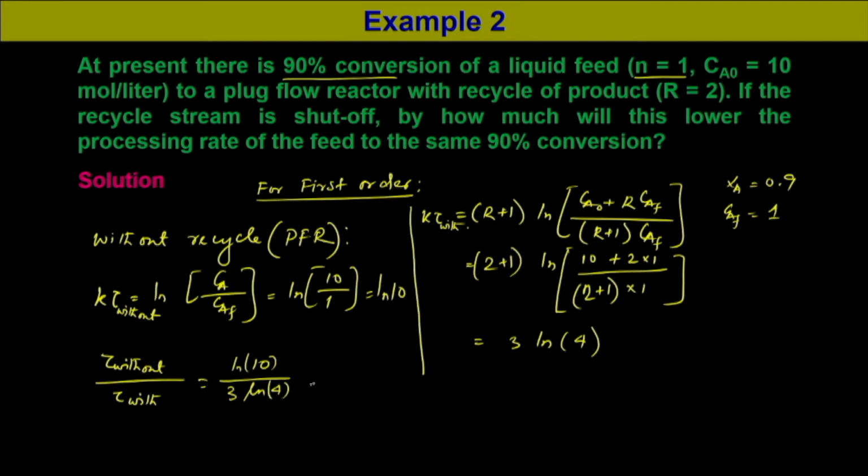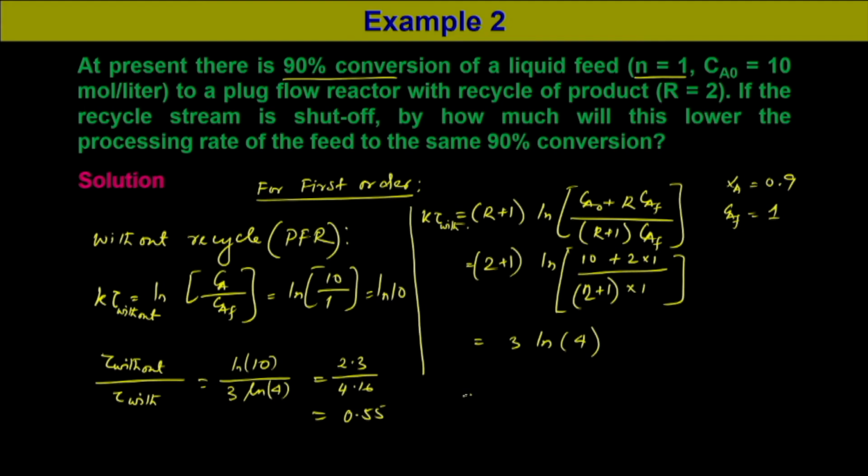So, this would be equal to 2.3 divided by 4.16. If we take this ratio, this would be 0.55.